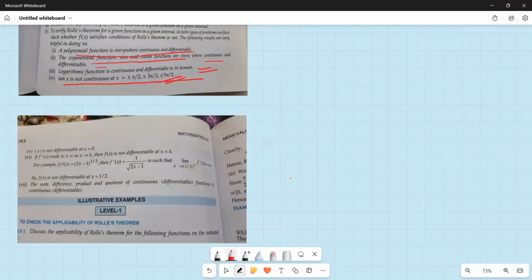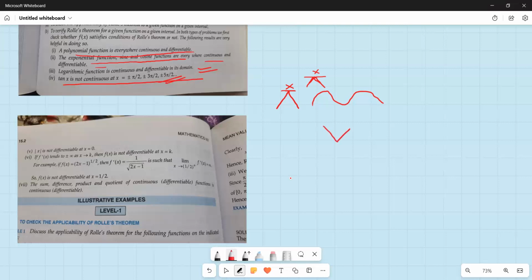And remember, for differentiability, the exception is this. If the curve has a pointed corner anywhere, it's not differentiable there. For differentiability, the curve should be smooth, not a corner point. Having a corner point doesn't give you a tangent. So mod function is like this.